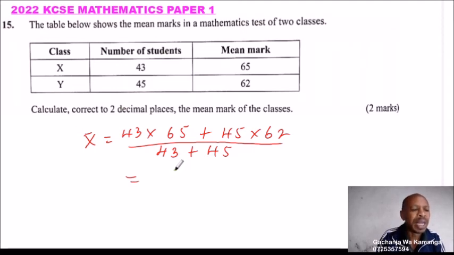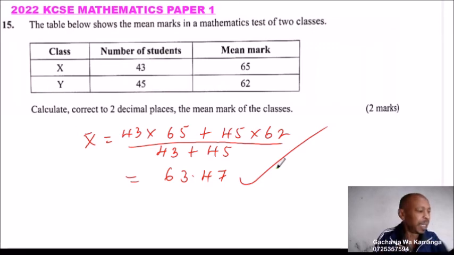When you do that using your calculator, your answer is 63.4659. But because we are told to 2 decimal places, we say it is 63.47. That is the mean mark for both classes, and you get 2 marks.